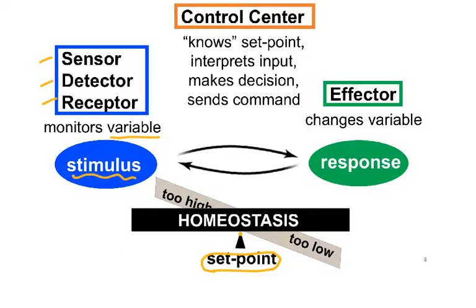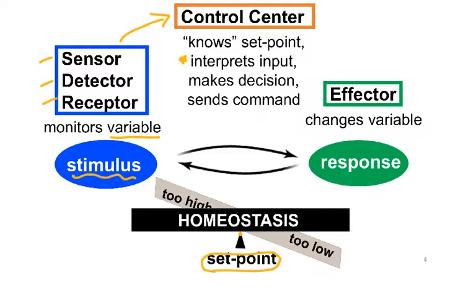The information from the detector or sensor is sent to a control center. And the control center has a fairly complex job to do. It knows, quote unquote, knows what the set point is, and it compares information coming in from the sensor to the set point, which is what we mean by interpreting input.